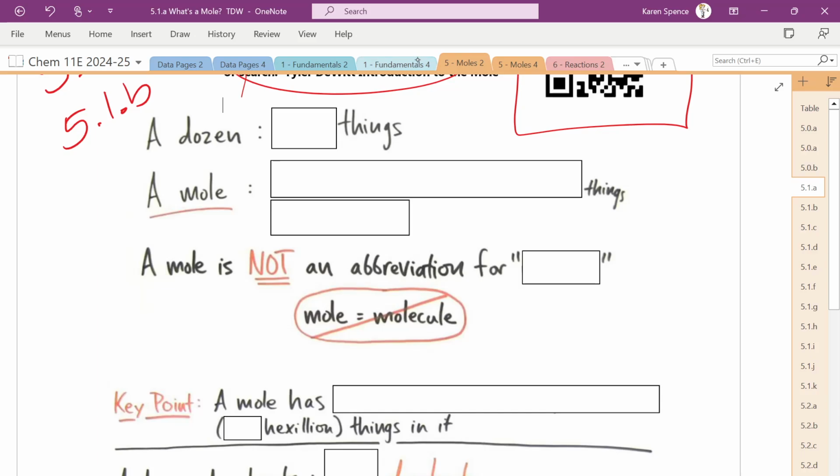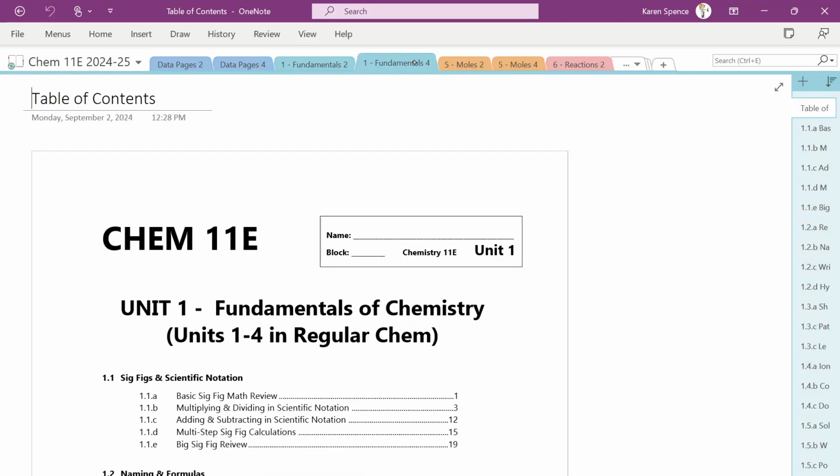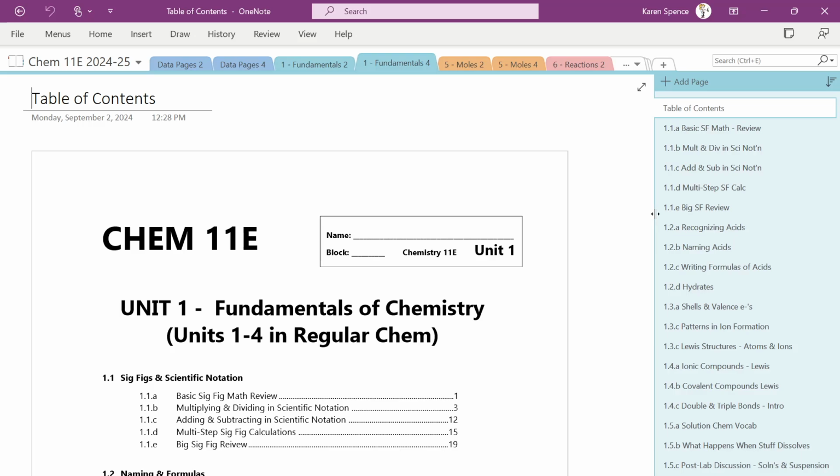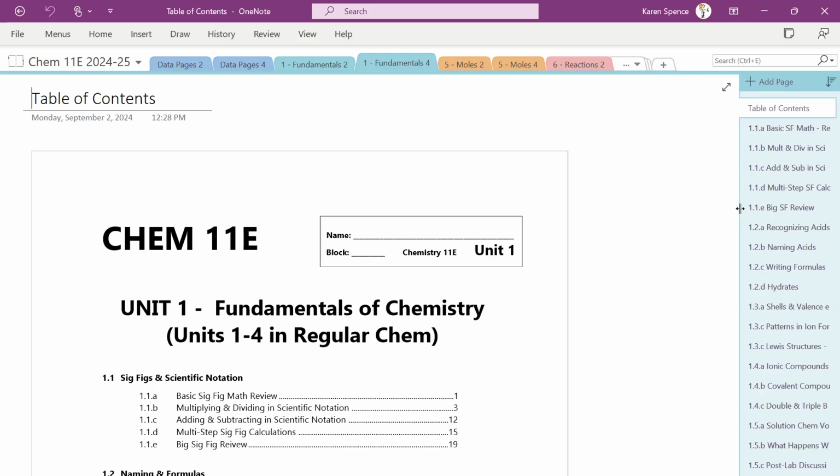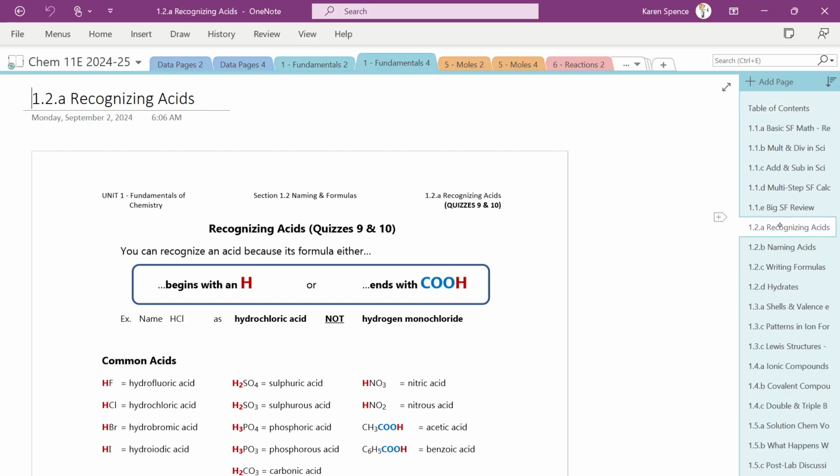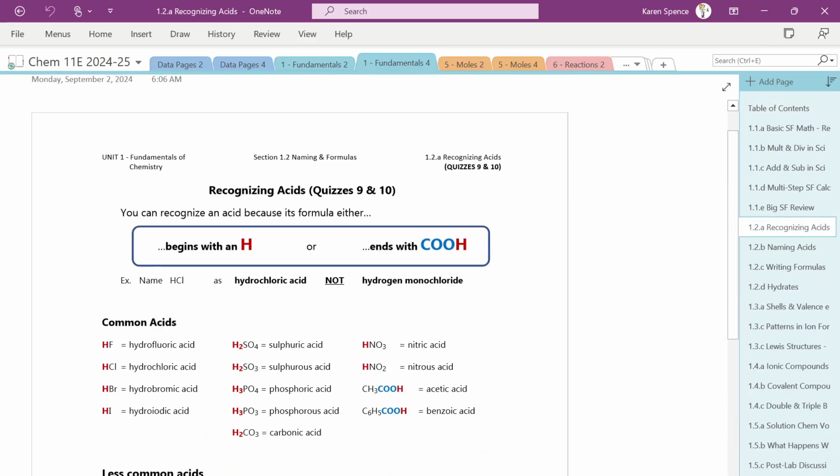And right now, what we are going to do is go to Unit 1. And we are going to go to page, what page are we going to go to? 1.2A, which is on page 23.